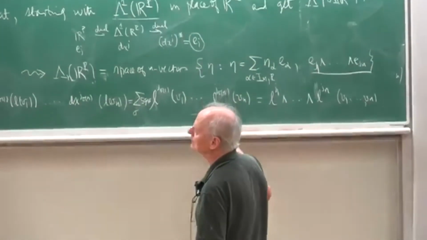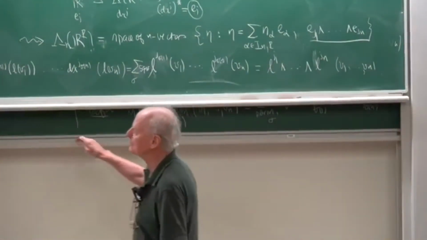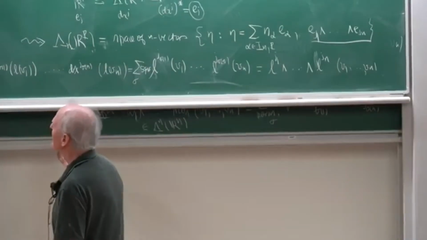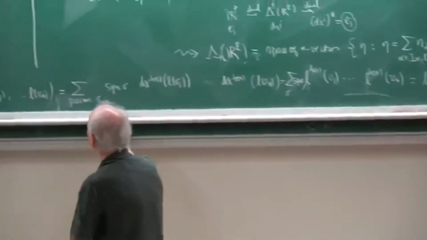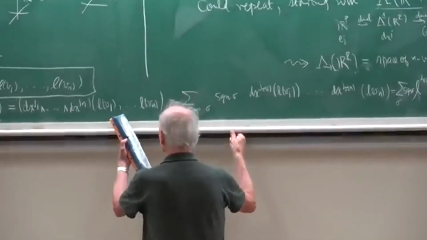So let's assume we've done all that. Now we've got both covectors and vectors, and there's a dual pairing between these.